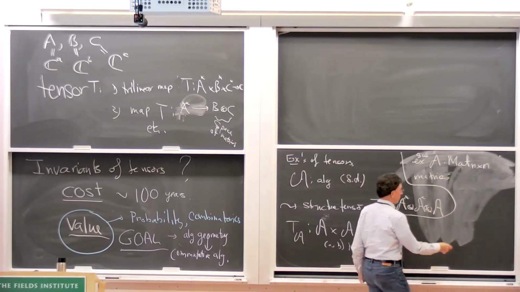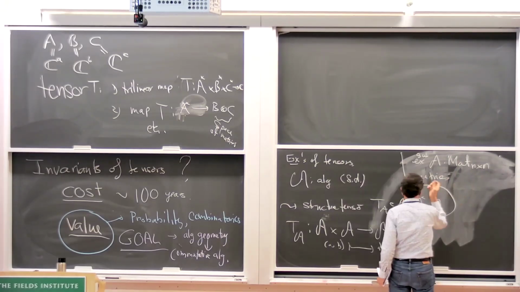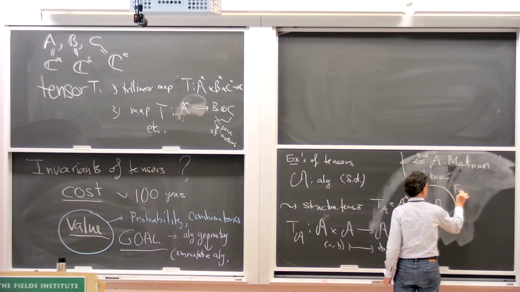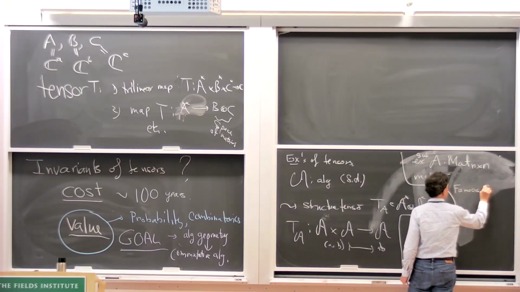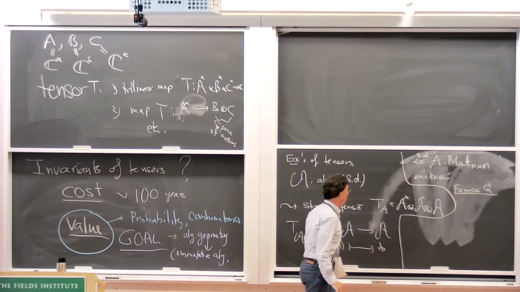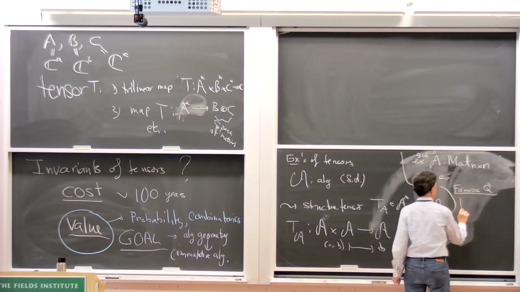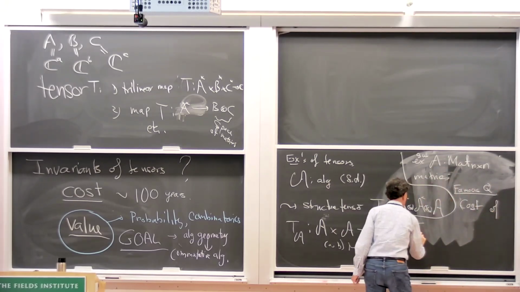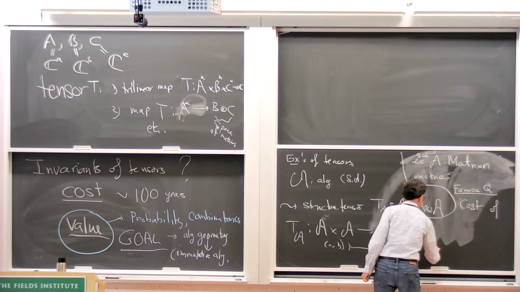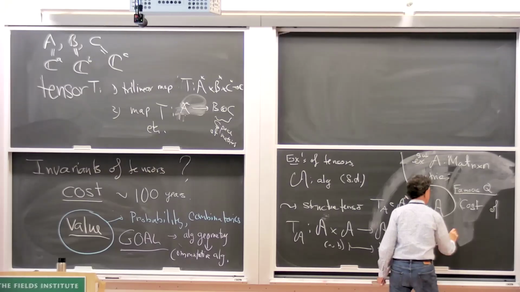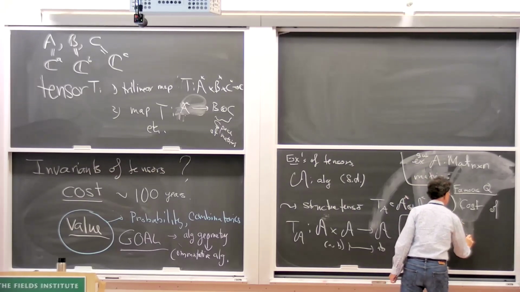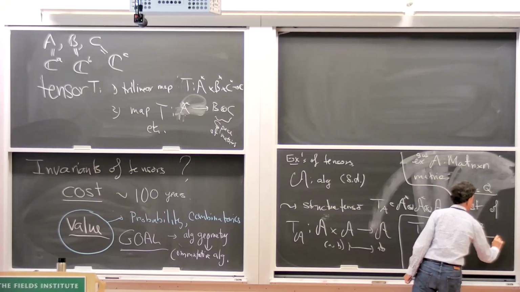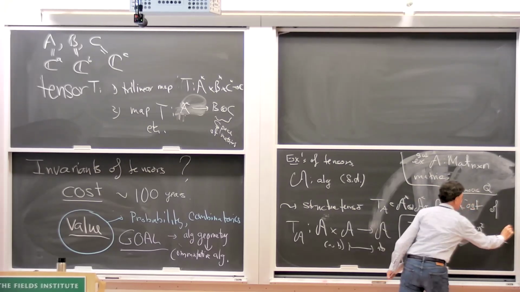And so here there is a famous question. What is the cost of this structure tensor? So this eats a matrix, eats a second matrix, spits out a third matrix, n by n.